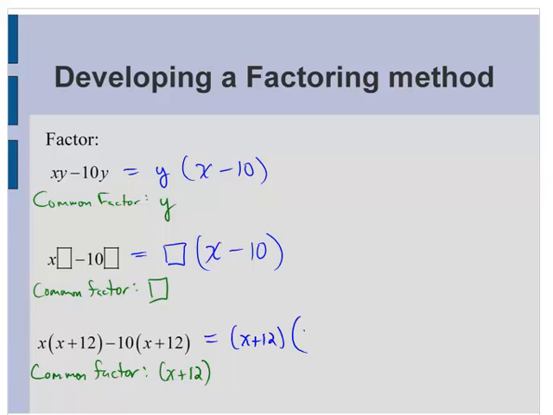Well, x plus 12 times x would get me the first term, minus x plus 12 times 10 would get me the second term. So notice that it's a strange looking form, but when we see a common binomial factor, it can still be a factor. And just like with the other exercises, we factor it out and multiply it by whatever's left over.